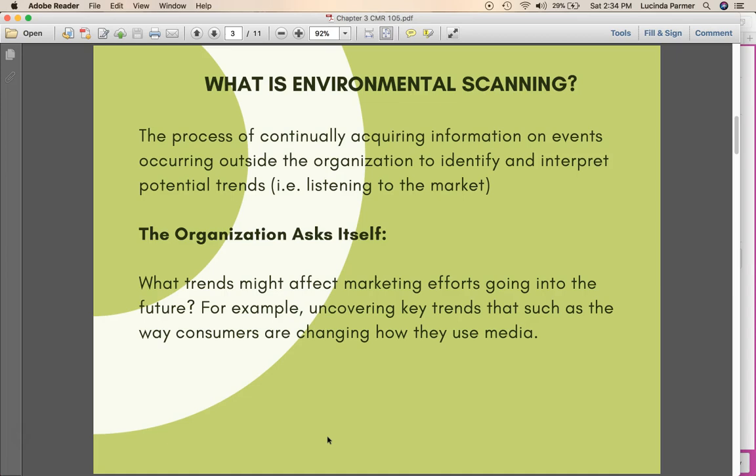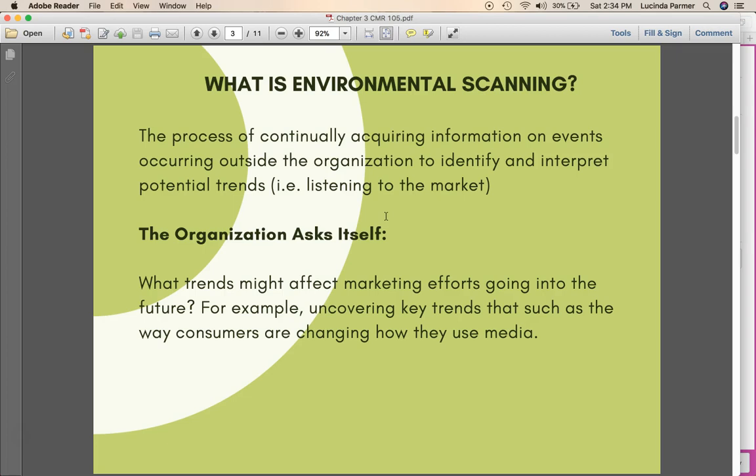So let's look right here. What is environmental scanning? Basically, it's just listening to the market. A company needs to be continually acquiring information about outside the organization to identify and interpret potential trends.